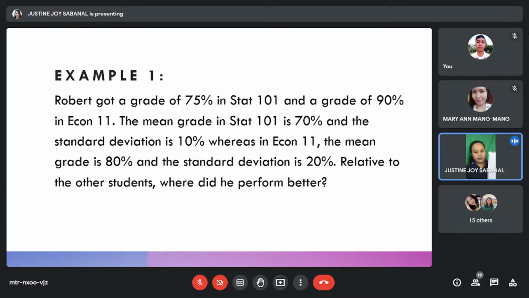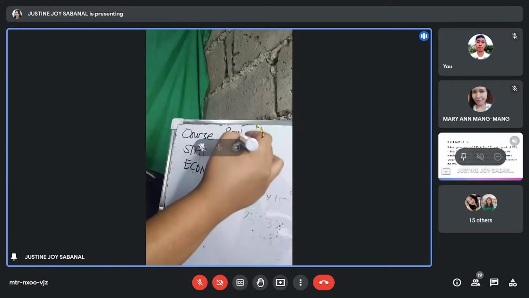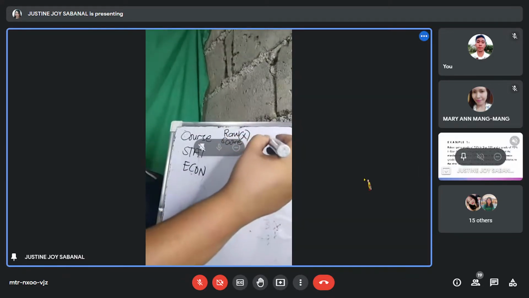So simplify muna natin yung mga given po. So identify natin kung ano yung grade niya dun sa dalawang course. So again, yung raw score, yun yung value ng x.